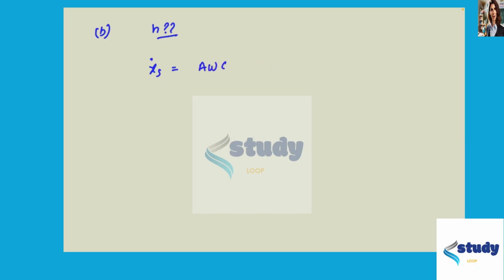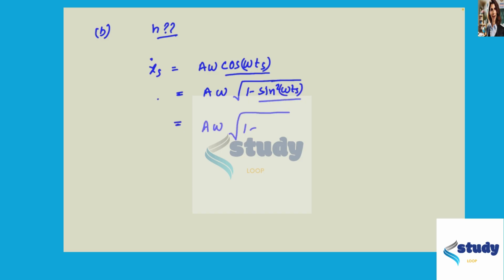This cos omega ts, from the trigonometric relation, can be written as the square root of 1 minus sine square omega ts, and sine omega ts from the previous relation gives A omega times the square root of 1 minus g by A omega square, the whole square.